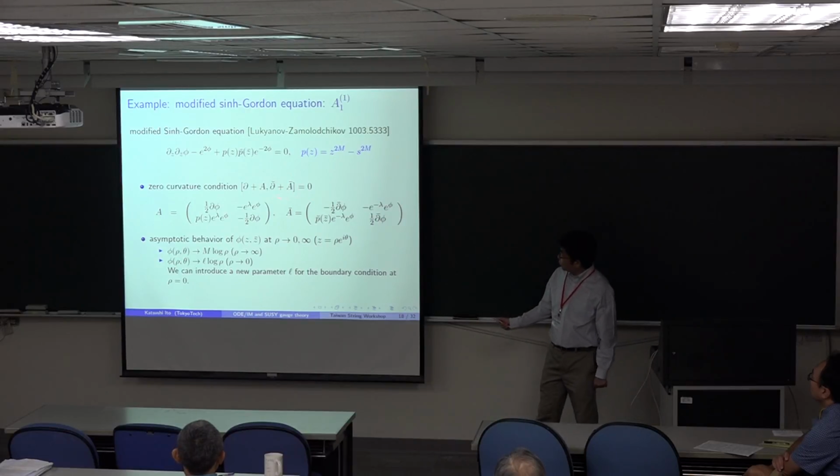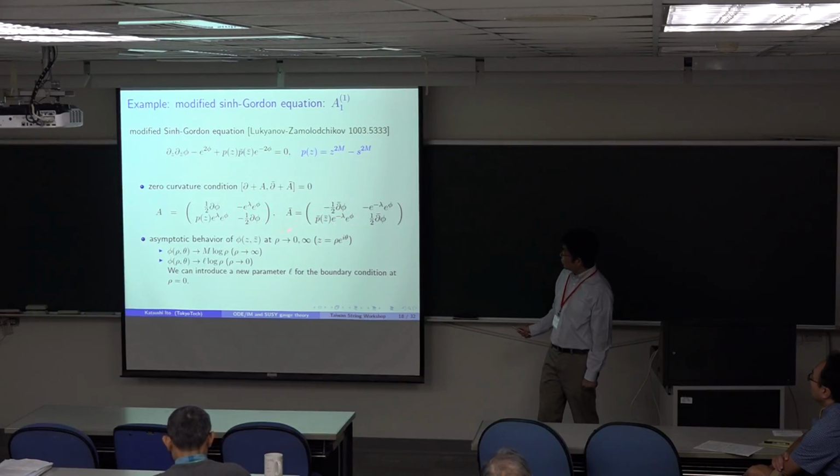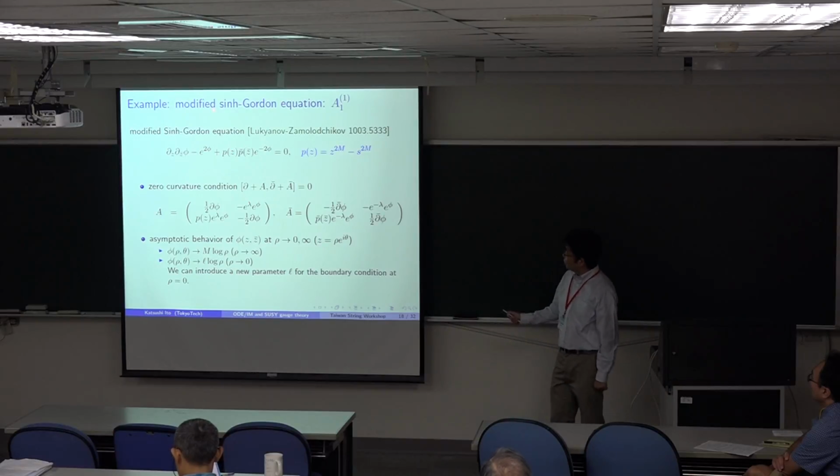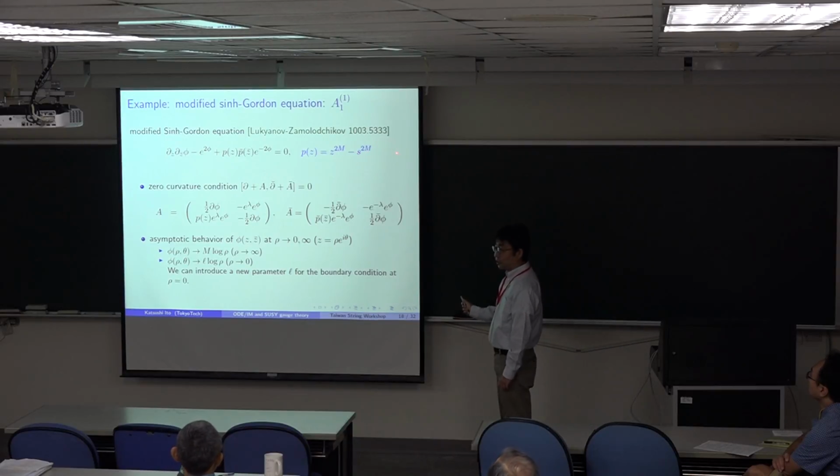For the zero curvature condition, we write the connection like this, and this is the modified sinh-Gordon. S is an additional complex parameter.